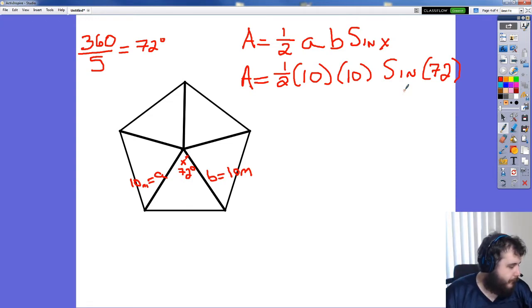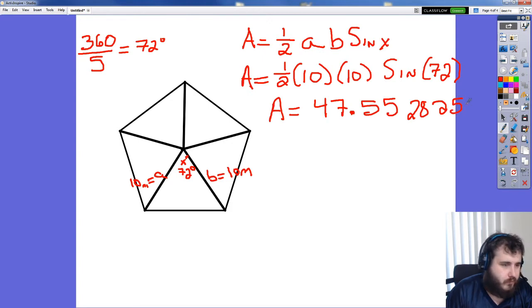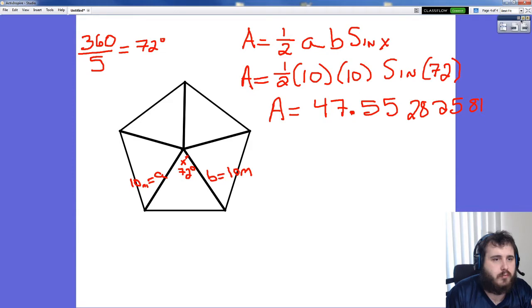And when you do that, you end up with this number right here. And that is one of these triangles. That's in meters squared. That's one of these triangles.